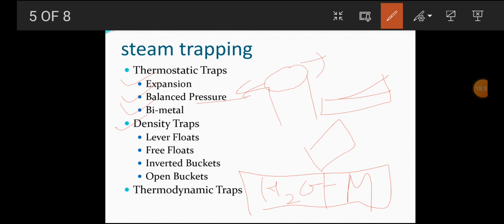The intention is to open to discharge condensate and close for the steam. The opening and closing of the valve mechanism occurs by using the buoyancy property of a floating object. The buoyant object might be a sealed, round or oblong float, an inverted bucket or an open top bucket.